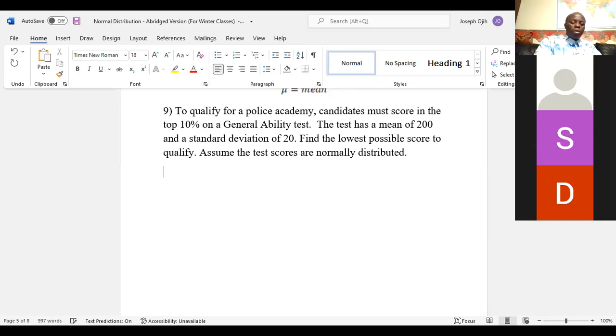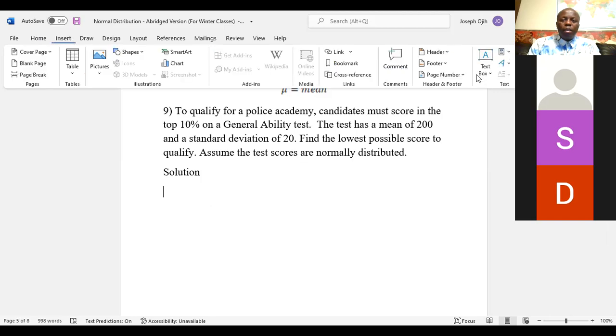So the first thing is to write down the values for mean, sigma, and x. X is the one you are looking for. So the mean, the standard deviation, and the z score. It says that the mean, which you can get from here, the symbol is right here. Mean is 200.